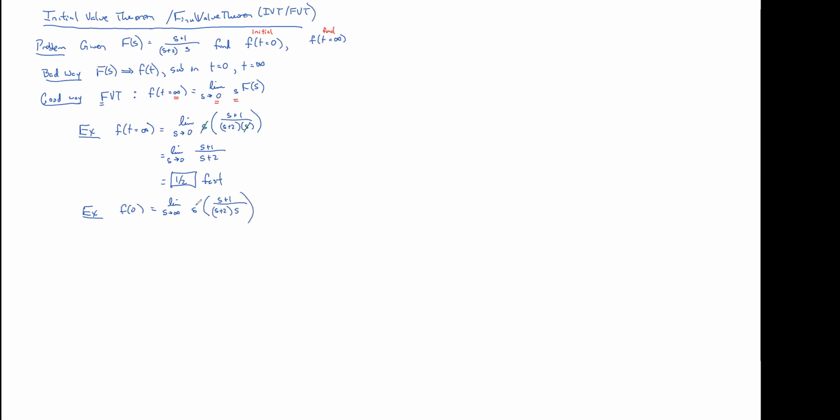So just like before, those s's cancel, and now we're left with the limit as s goes to infinity of (s plus 1) over (s plus 2). If you try to plug in infinity directly, we end up with infinity over infinity, and that's not an answer.